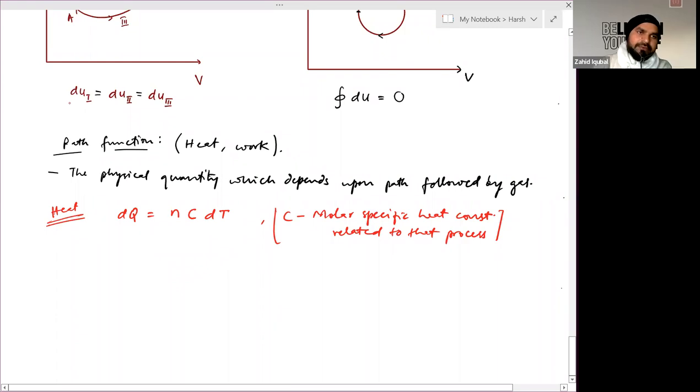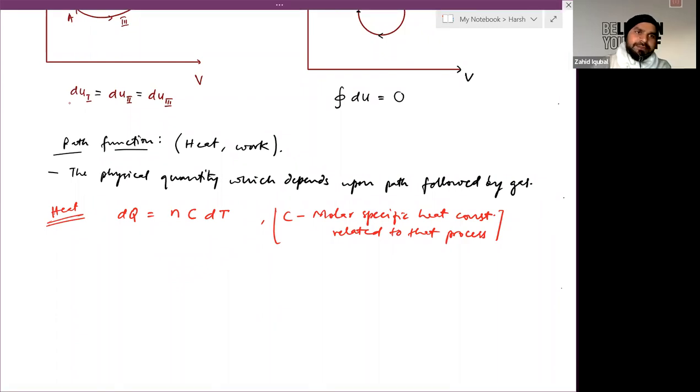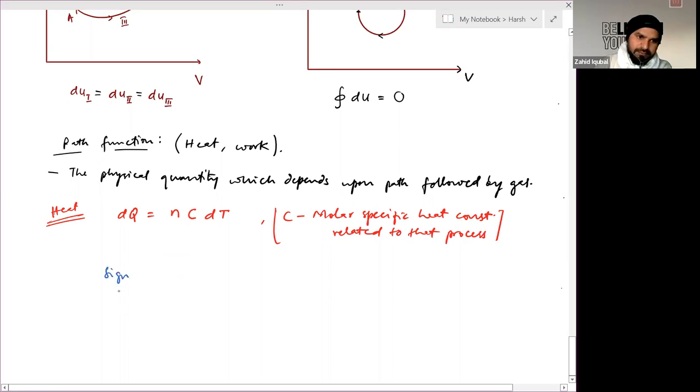So in this part, if you have to define the sign convention, if heat is supplied to the system, it will be taken as positive.